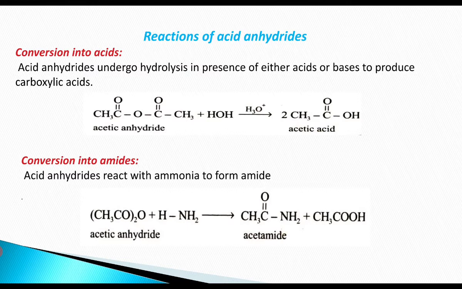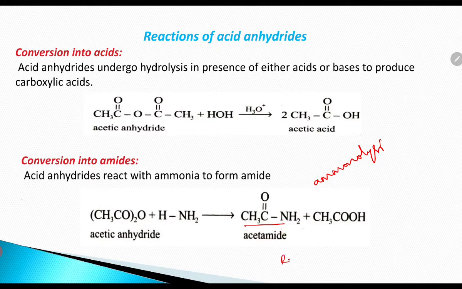Conversion to amides. Acid anhydrides on reaction with ammonia give rise to amides. Similarly, like our acid halides, these acid anhydrides also on reaction with ammonia, this process is called ammonolysis, give rise to amides. And we have also some examples that acid anhydrides, if they react with alcohols, give rise to esters.